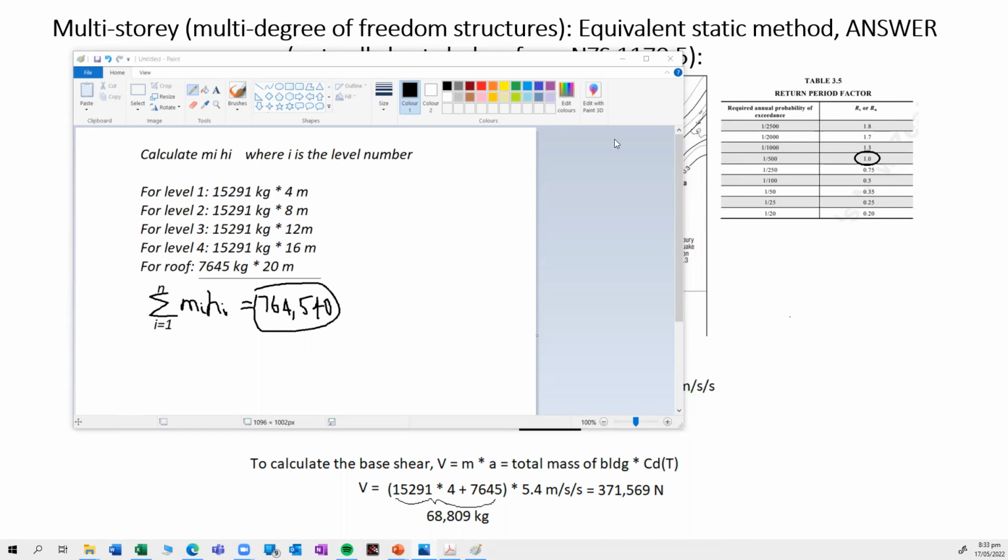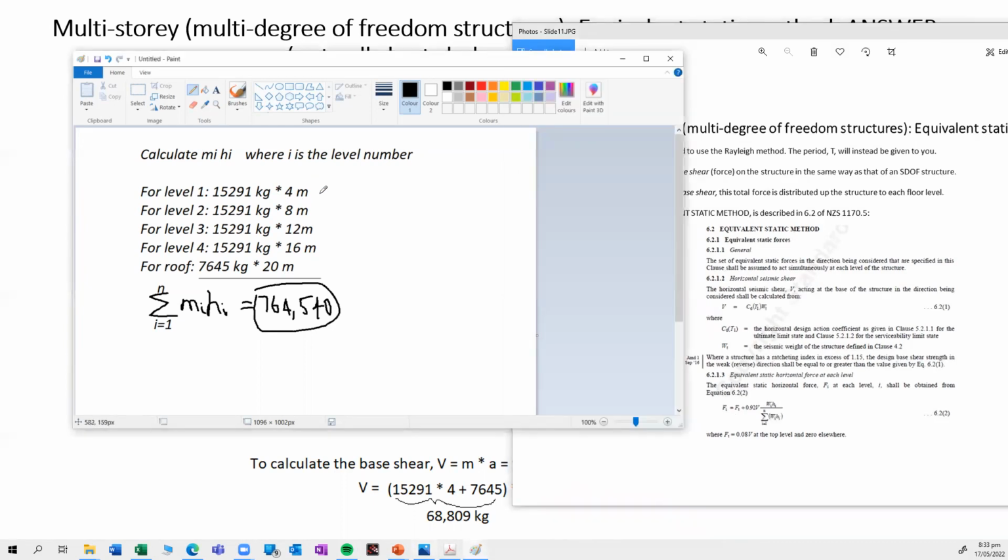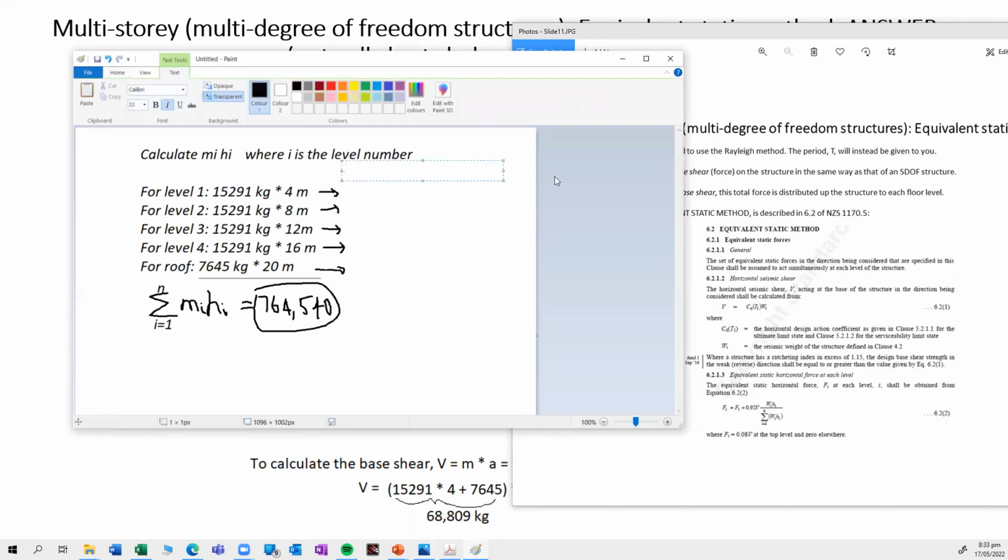What is the proportion of V at each level? At each level, it's whatever this individual value is divided by the total. So I want you guys to give me the ratio: how much of V goes into each level? So, proportion of V.